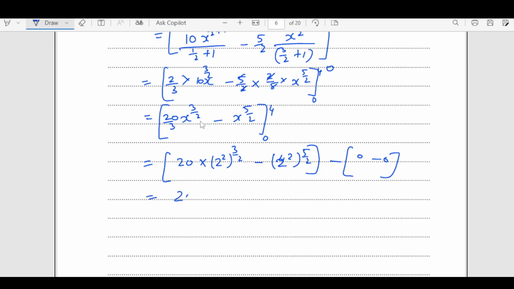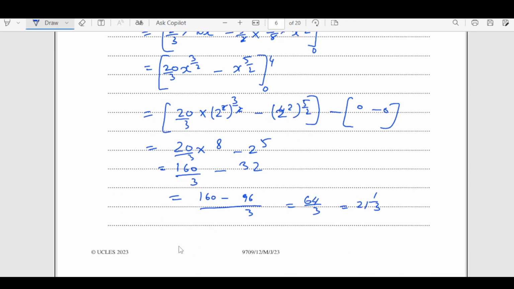So now this is 20 times 2 power 3, which is 8, minus 2 power 5. So this is 160 over 3, sorry, we are missing 3 here, over 3 minus 32. Then we take the LCM: 160 minus 96 over 3 is equal to 64 over 3. So this is 21 1 over 3. This is our final answer, right.